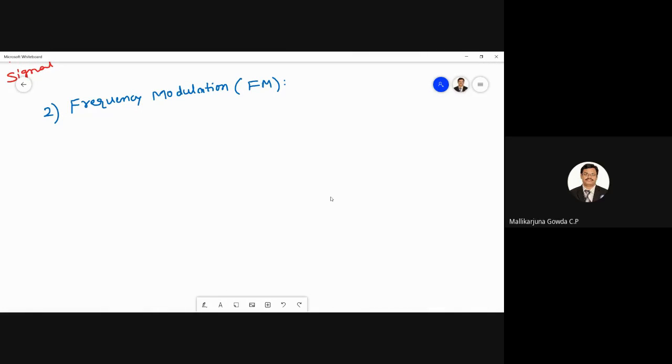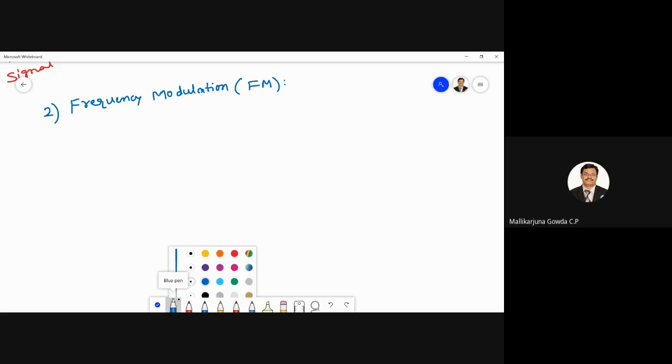In case of frequency modulation, the instantaneous frequency of the carrier is modulated by the message signal. So we can write the definition of frequency modulation as: the frequency of the carrier will be varied in accordance with the value of the message signal.